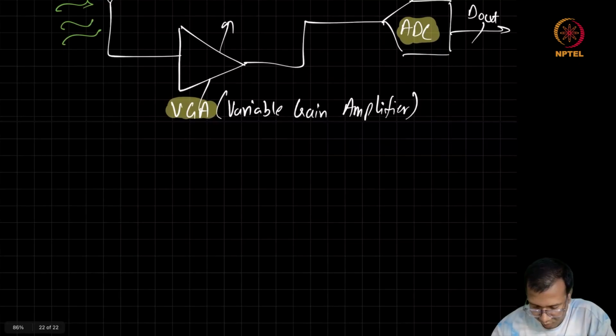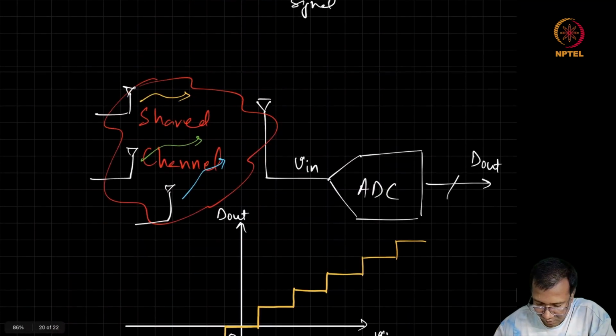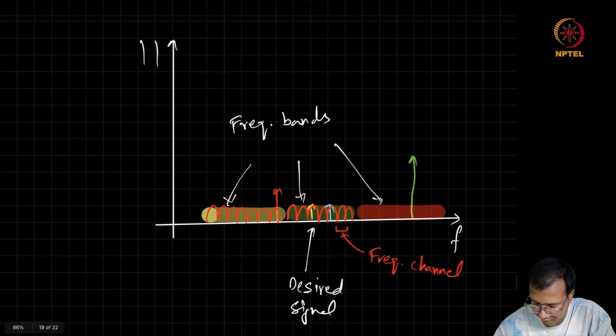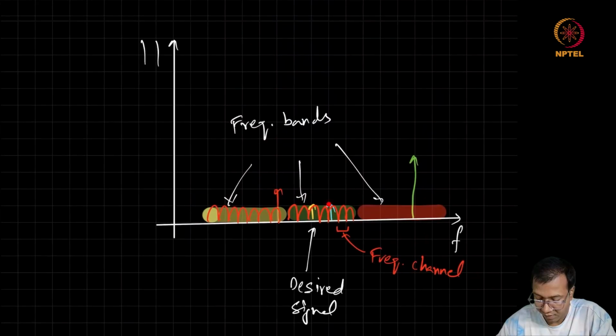So, how to avoid this? If we come back to our spectrum picture, we can see that signals cannot start transmitting at the same frequency because you have to follow the wireless standard. As a result, there will always be separation between these signals in the frequency domain.